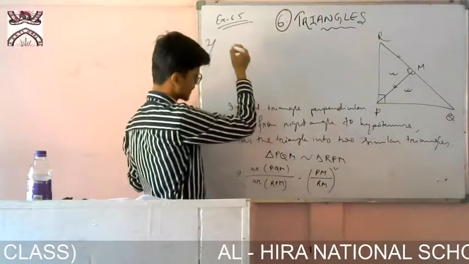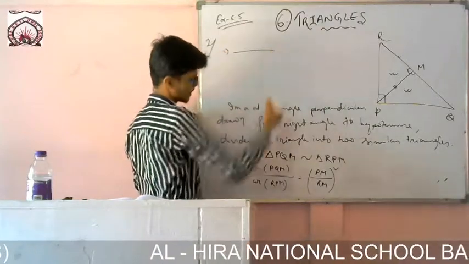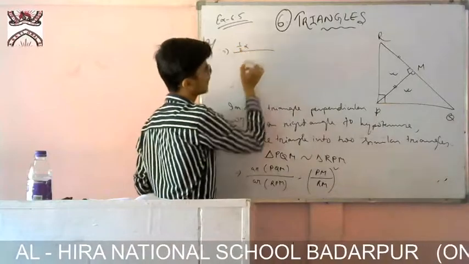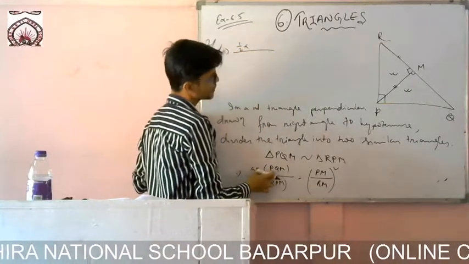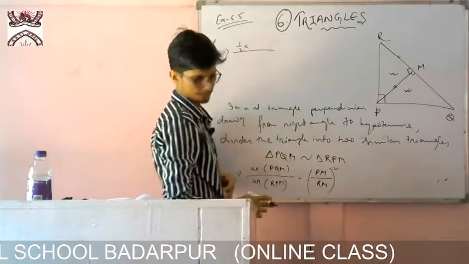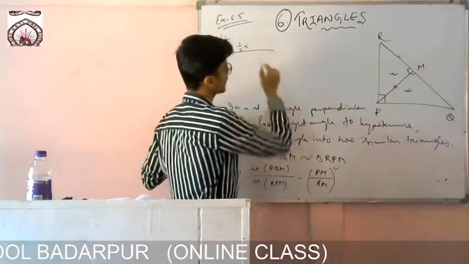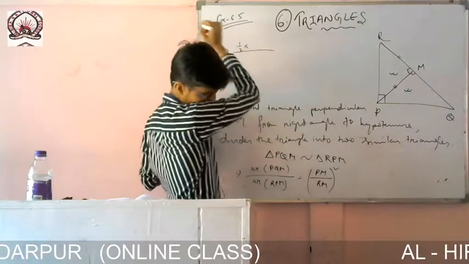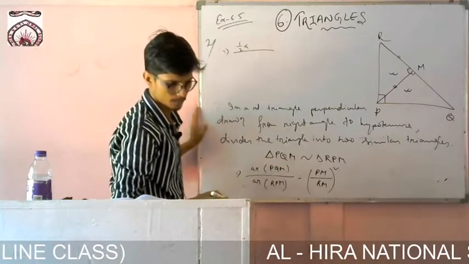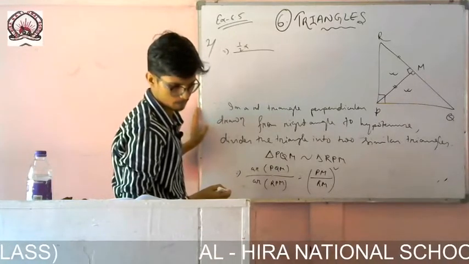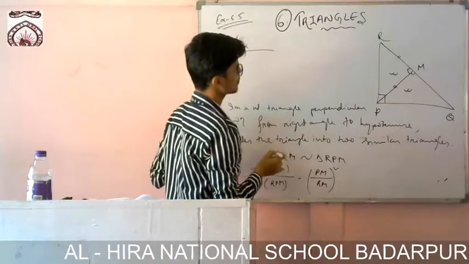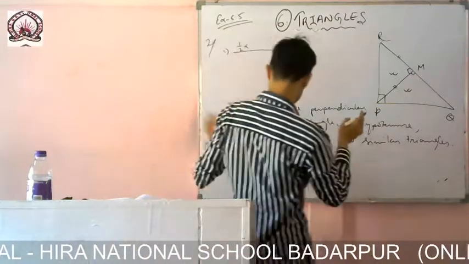Now, area of triangle PQM will be equal to half into base into altitude. Which triangle are we talking about?